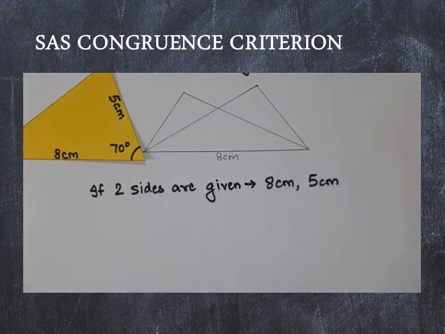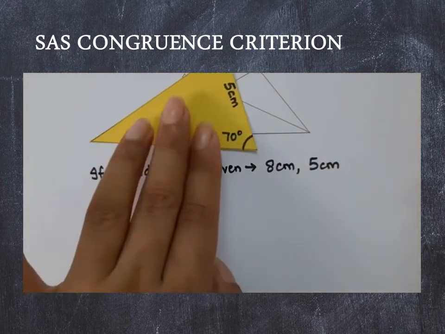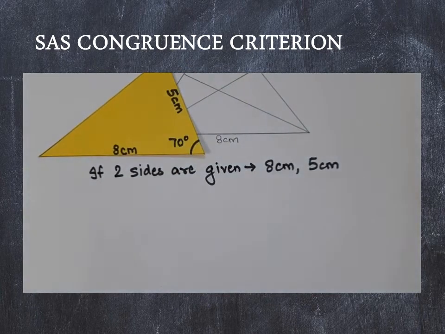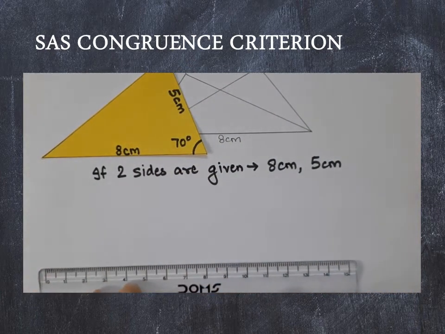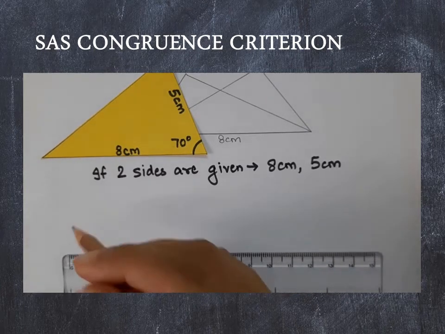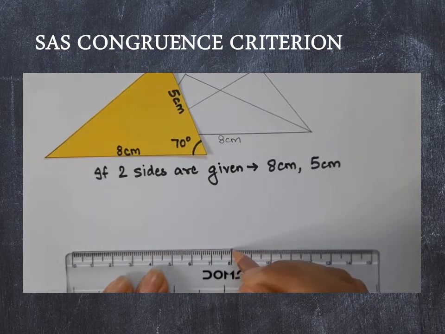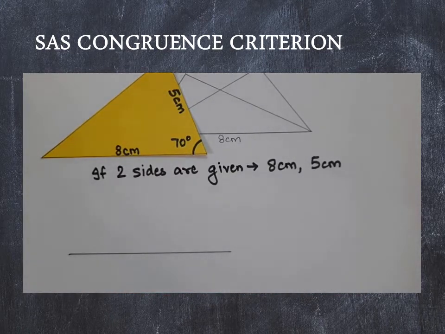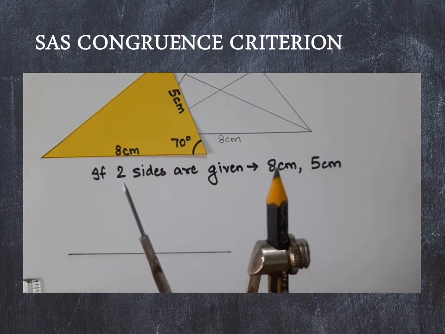Now let us try to construct the triangles with these two sides. So we have this 8 centimeter and 5 centimeter. Here again I construct an 8 centimeter line segment, which is the first side of the triangle. Now for 5 centimeter, I'll take the compass opening to be of radius 5 centimeter.